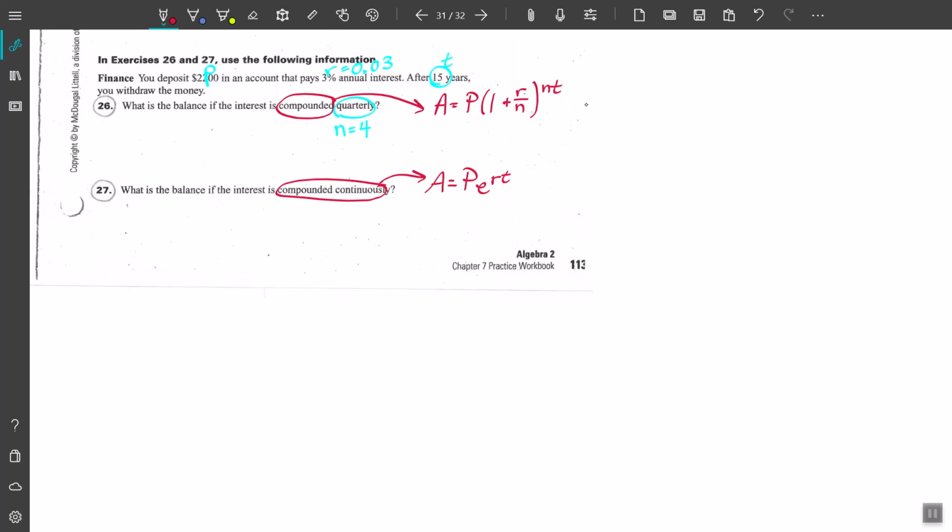So in 26, I'm just going to plug in the numbers we know. 2,200 for principal. That 1 stays. That's part of the formula. We have an interest rate of 0.03 divided by our 4 quarters, times our 4 quarters and the t of 15 years.